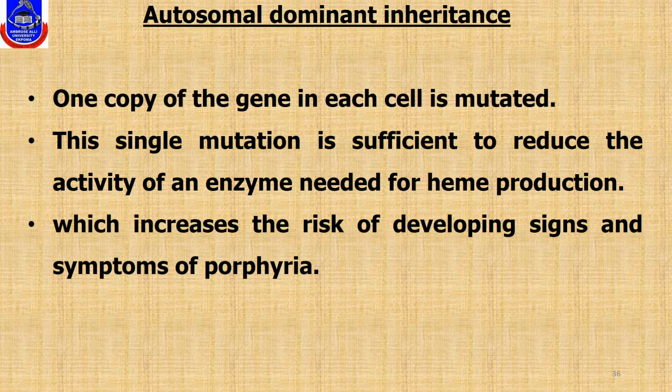In autosomal dominant inheritance, one copy of the gene in each cell is mutated. This single mutation is sufficient to reduce the activity of an enzyme needed for heme production, and this increases the risk of developing signs and symptoms of porphyria.